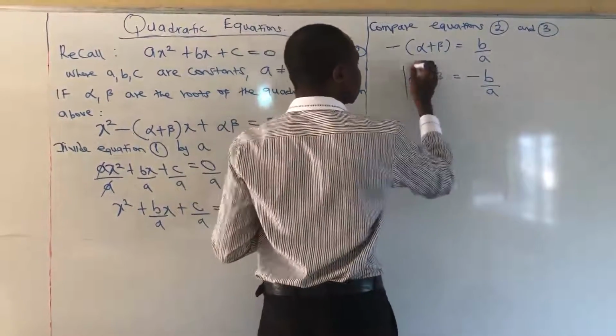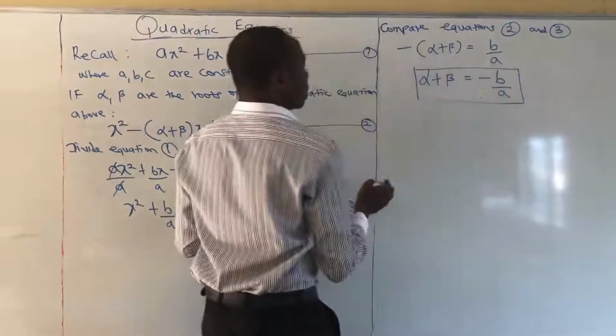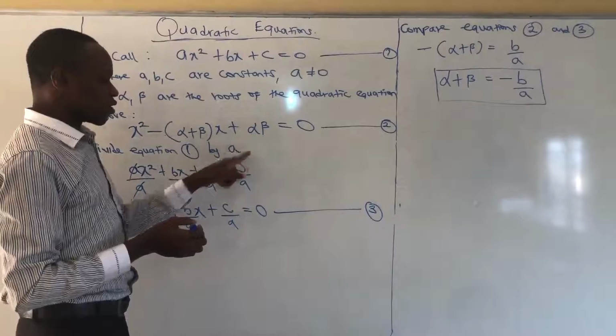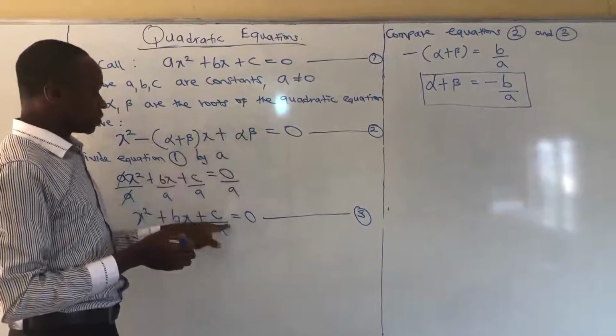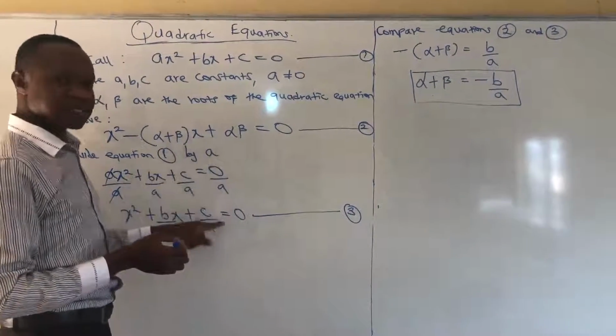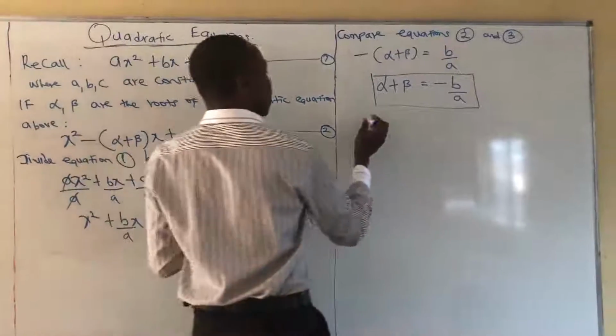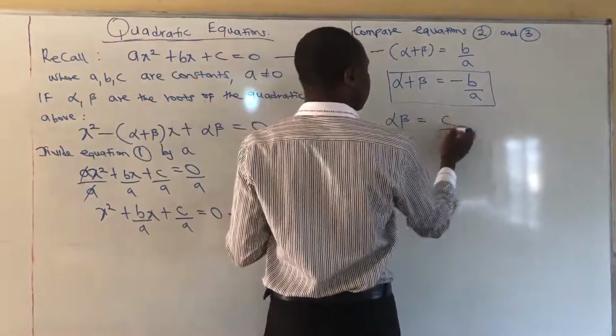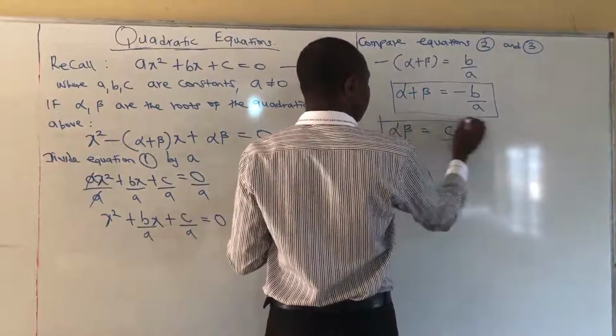Please do not forget this. Comparing the constant terms, we'll have alpha beta is equal to c over a. Do not forget this.